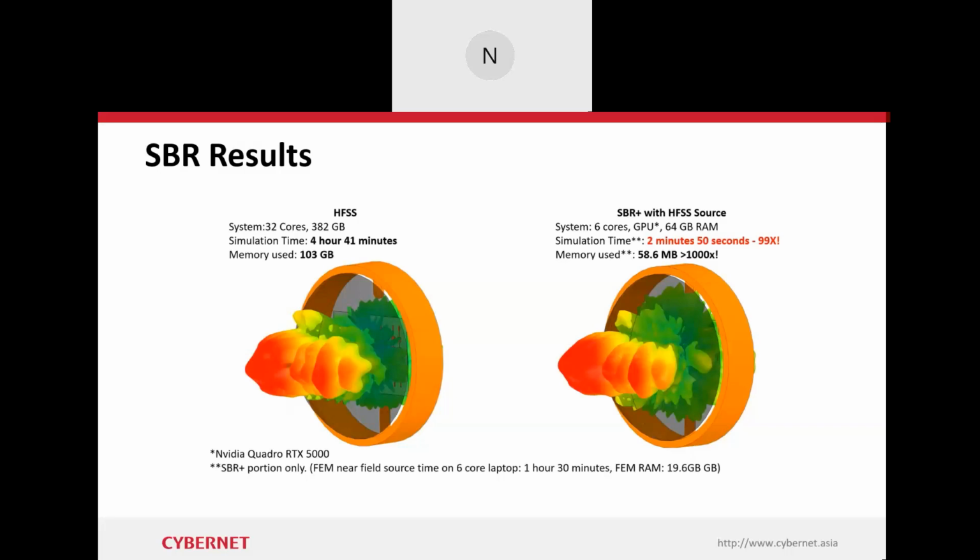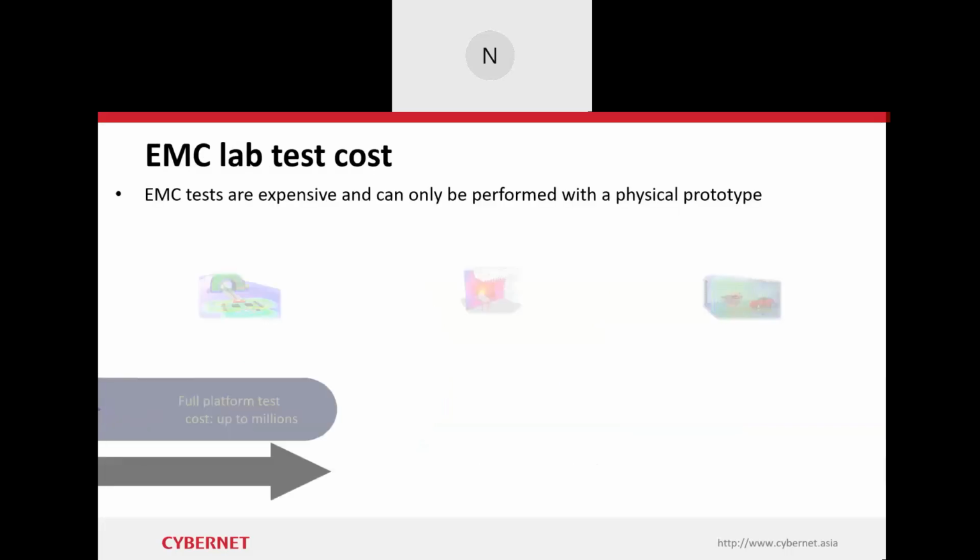But in the same case, when using the shooting and bouncing rays with a GPU, it takes just 2 minutes, and you can get the same result. So the shooting and bouncing rays is more efficient in radome simulations.